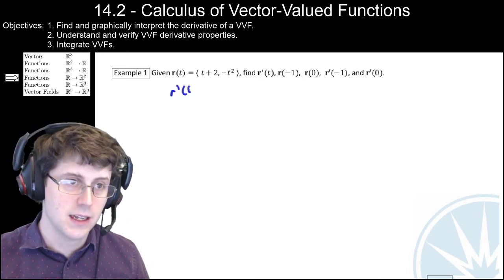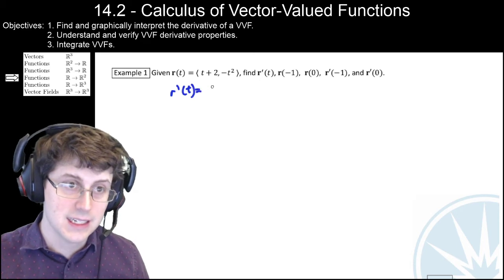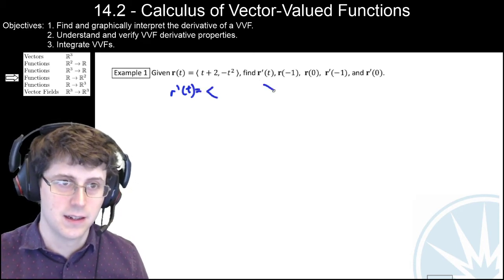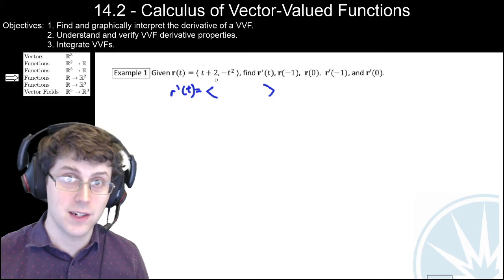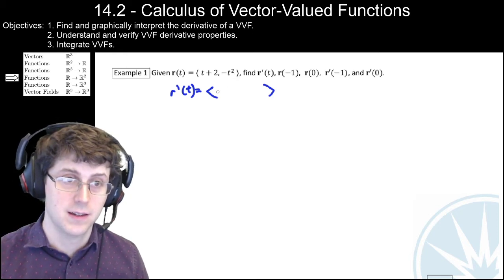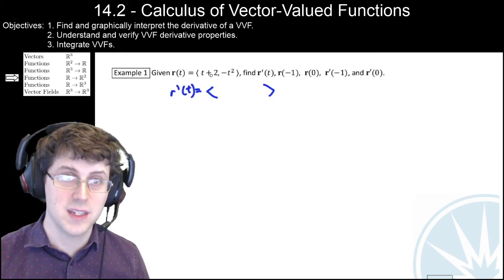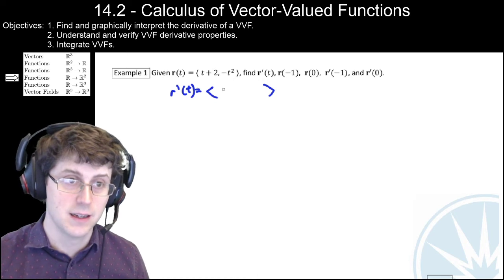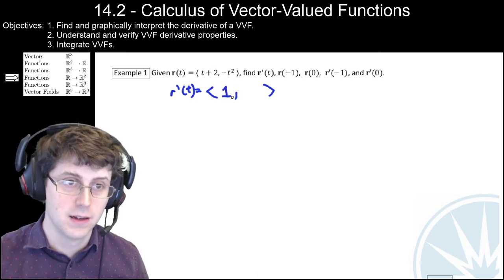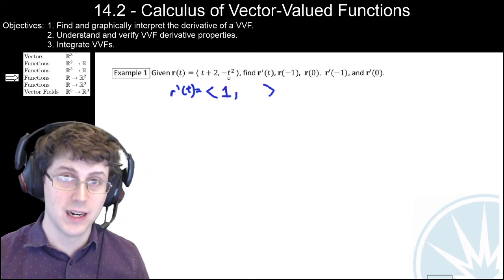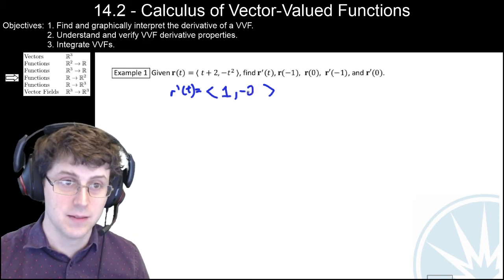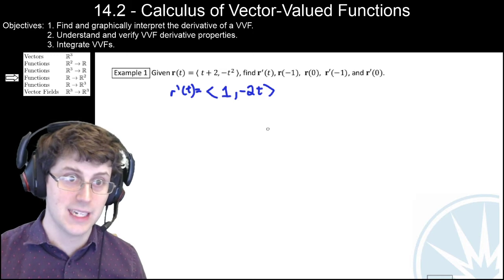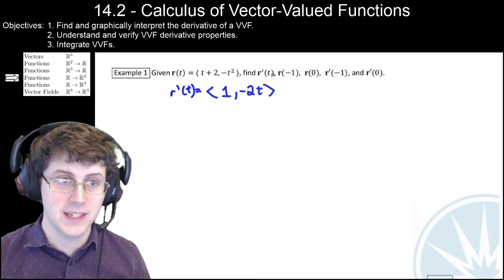Good news. r prime of t is still a vector, and you take the derivative of each component. So the derivative of t plus 2 with respect to t is 1. The derivative of minus t squared with respect to t is minus 2t. That's it. That's r prime of t.